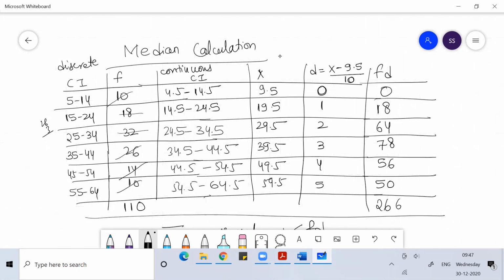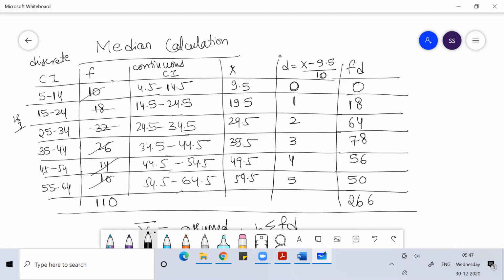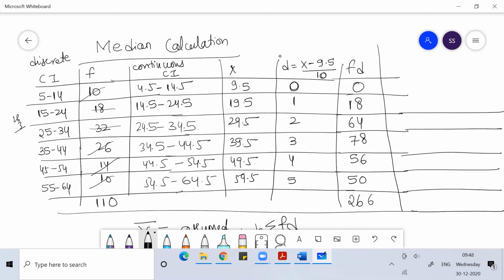Now, for median, we write the data as less than class interval with less than cumulative frequency. If you don't write less than class interval, there's no problem.